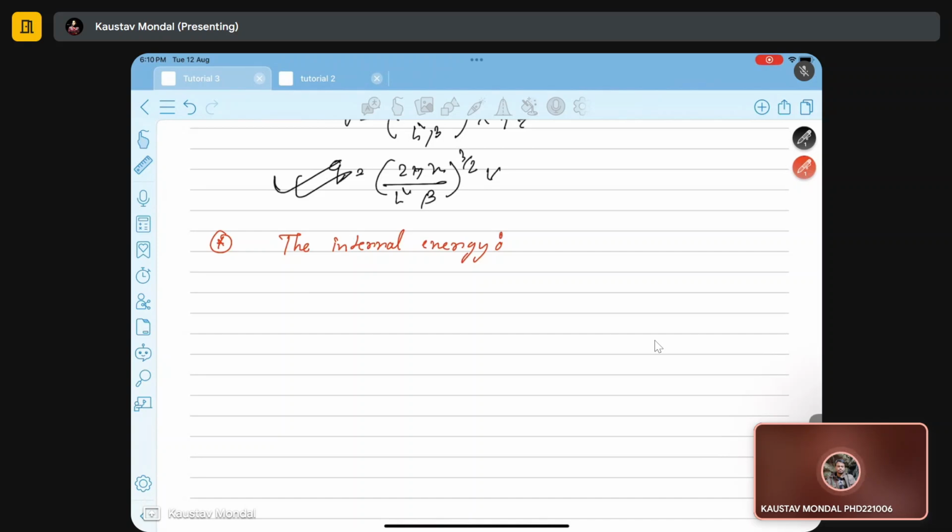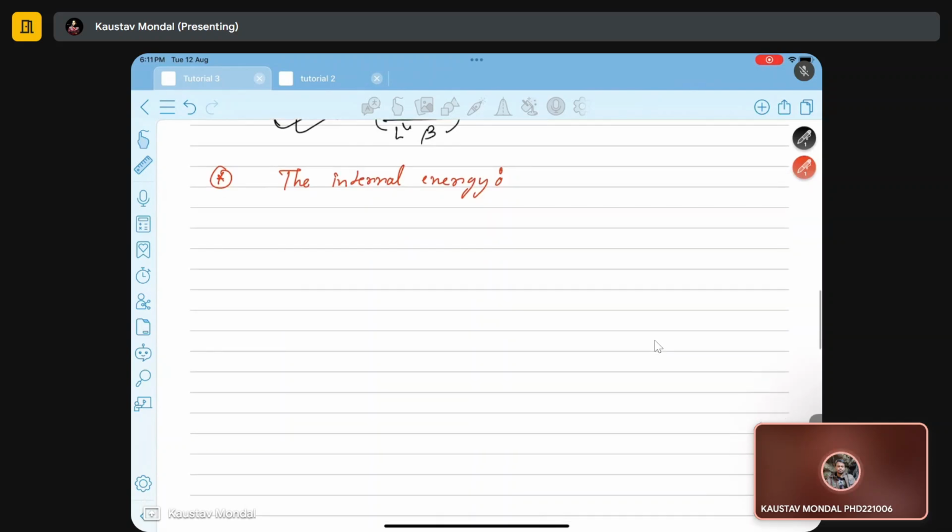In order to find the internal energy, what I have to do is first calculate the total energy of the system. Okay. So let's suppose these are the energy levels E1, E2, E3, E4, E5, E6, something like that.